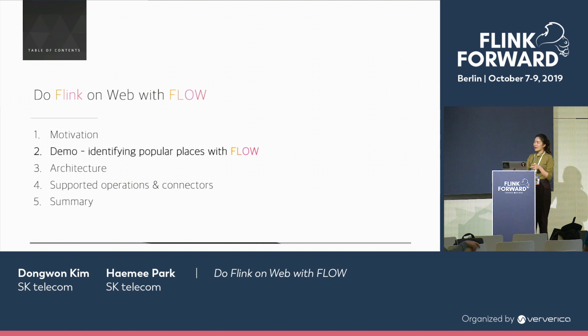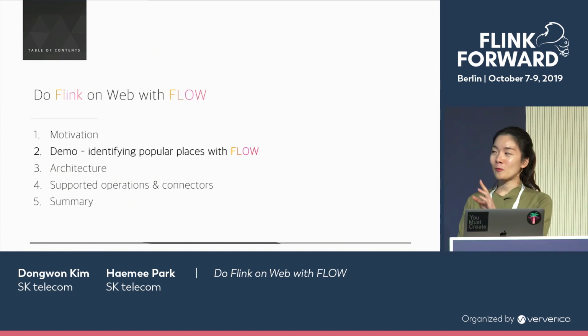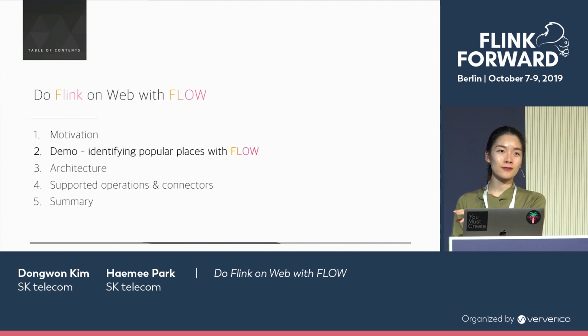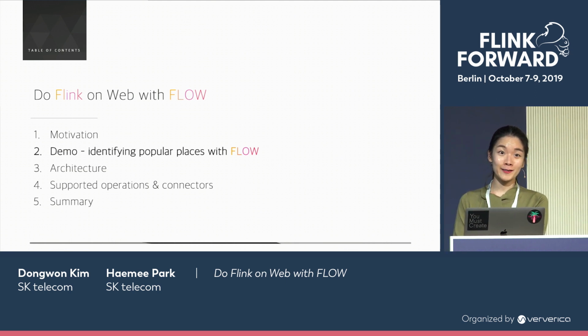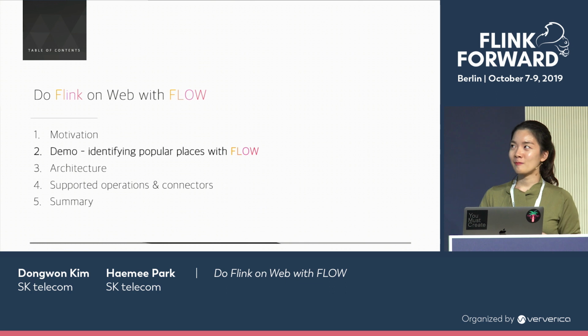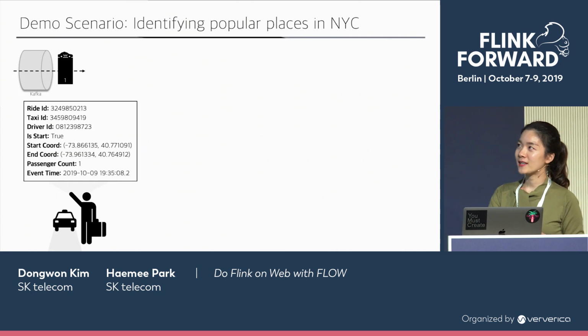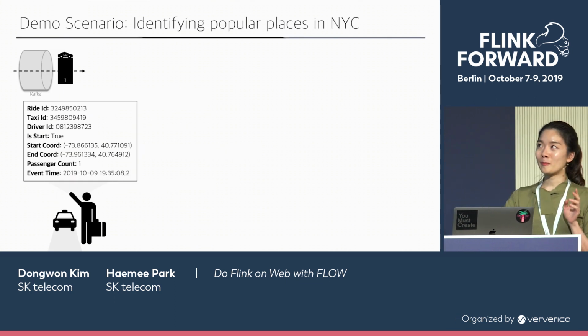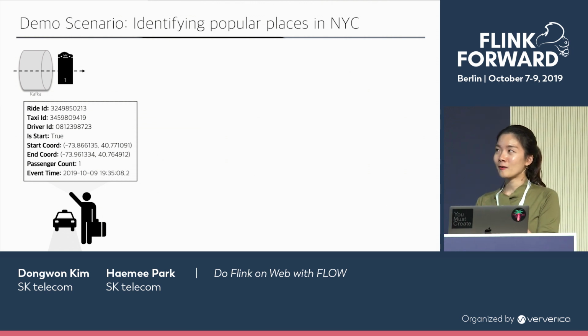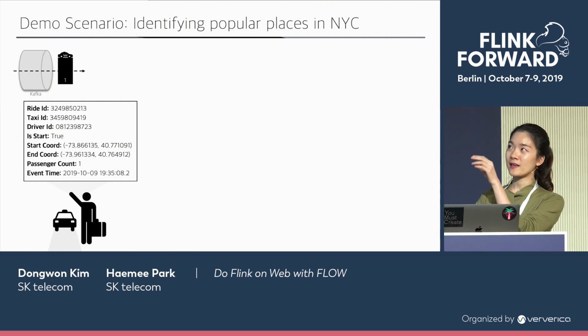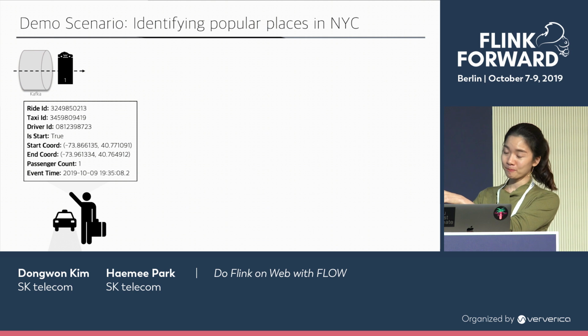Okay, now I'm going to show you a demo based on the popular places scenario. I'm pretty sure all of you are very familiar with this scenario, so let me briefly describe it. Whenever a person picks up or gets out of a taxi, one record is added on our Kafka stream.